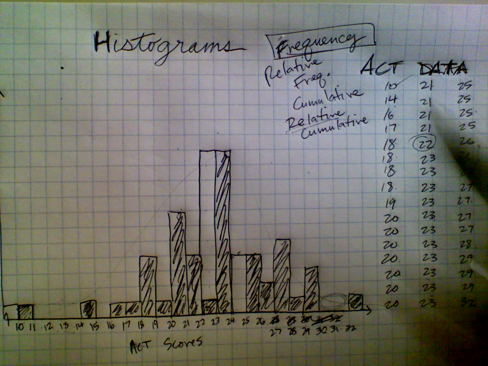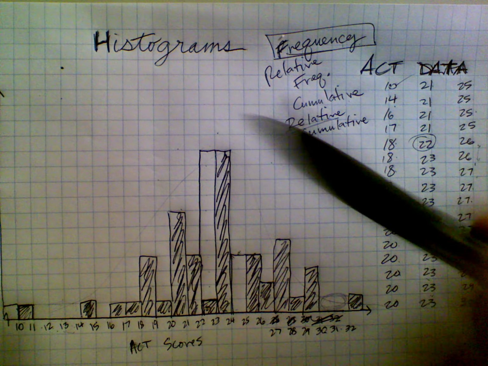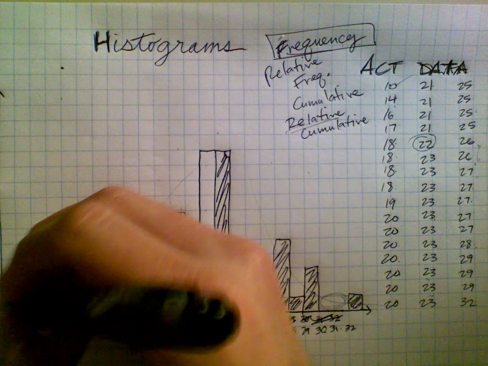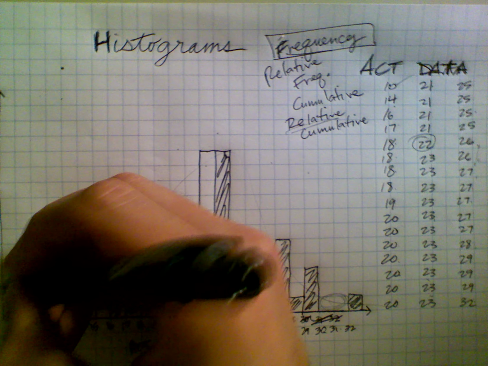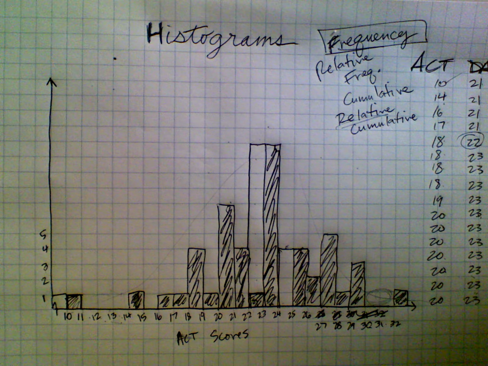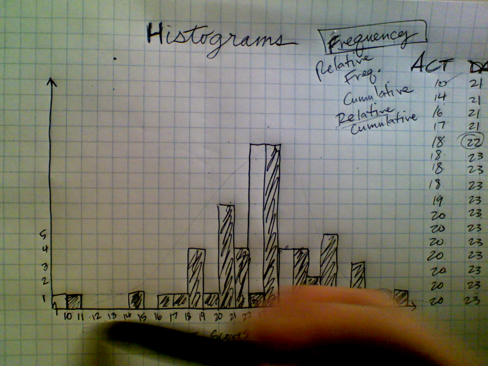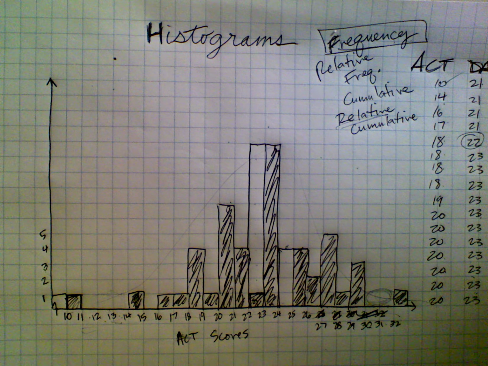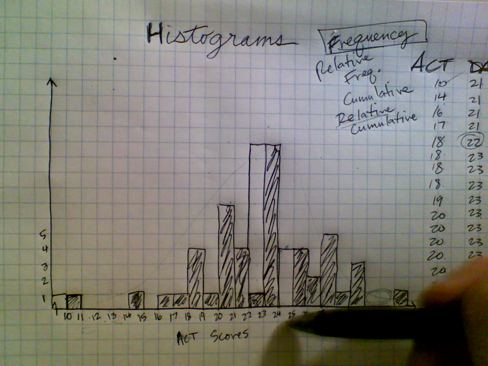Again, things to notice on the histogram. This was a frequency histogram because we were just counting the numbers over here on the side. I was just counting how many times I had that data point. I scaled my x-axis by ones. These are called the bins or the intervals or the ranges.